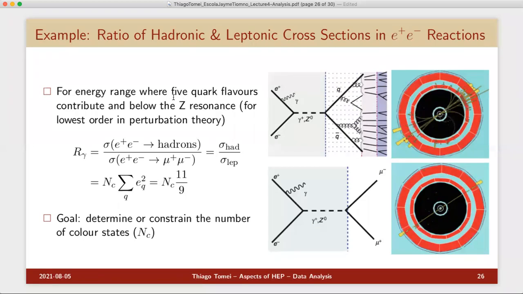So if you are in the energetic region where only 5 quark flavors contribute, so not the top, and below the Z boson resonance, so center of mass energy under 90 GeV, if you run the calculation, you get that this ratio of sigma hadronic to sigma leptonic, so number of events with hadrons produced over number of events with leptons produced, is the number of colors that exist in QCD times 11/9.